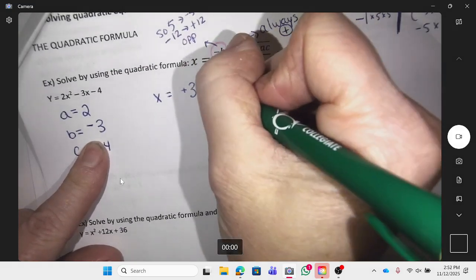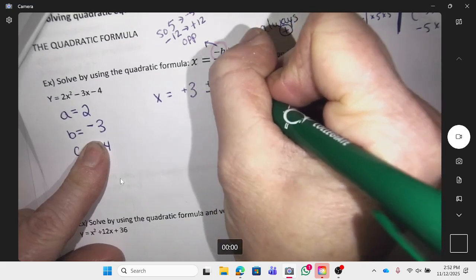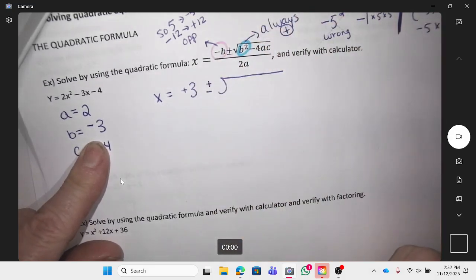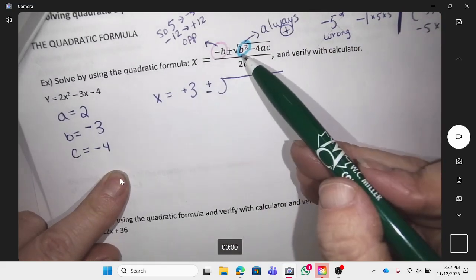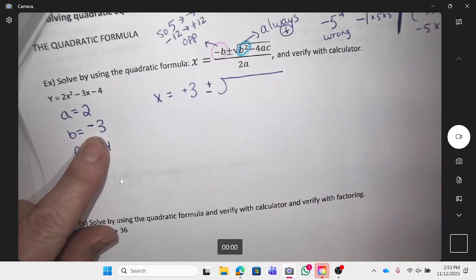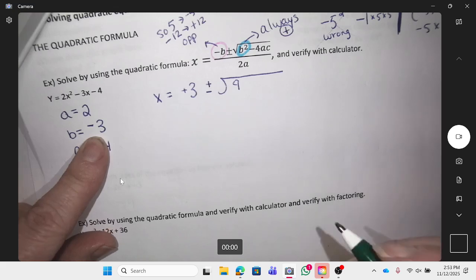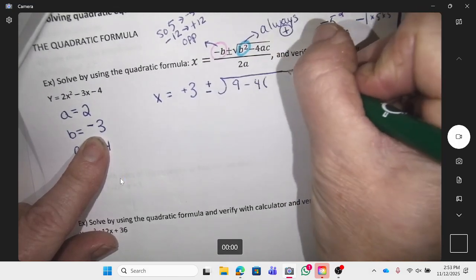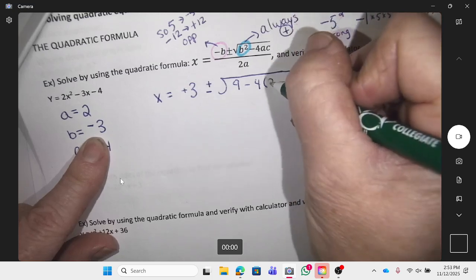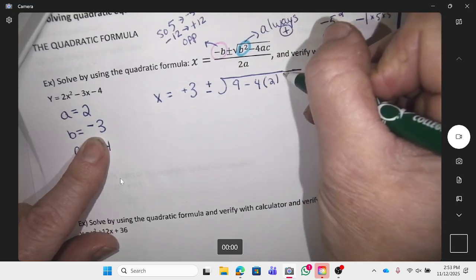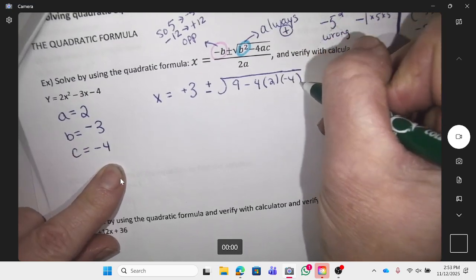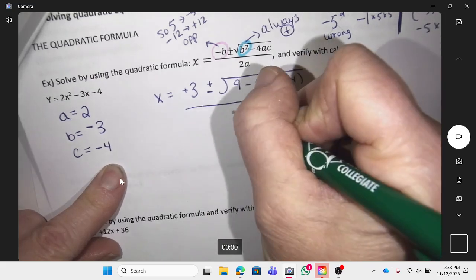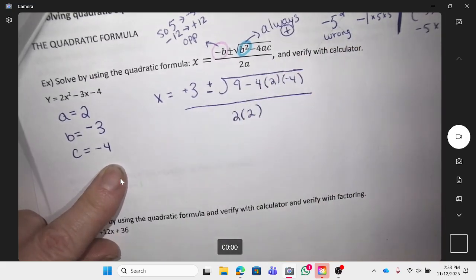Like, visualize it. Plus or subtract the square root of, what's b squared? If you could square that. 9. Subtract 4 times a, so that's 2, times c, which is -4, divide by 2 times the a number, which is 2.